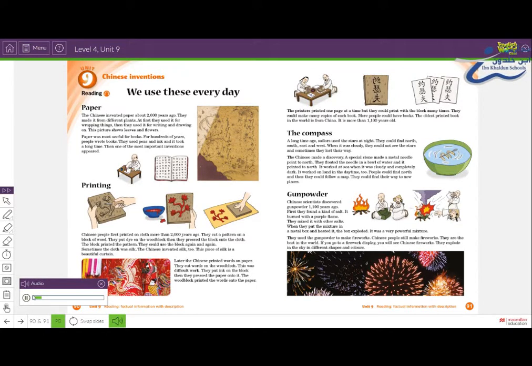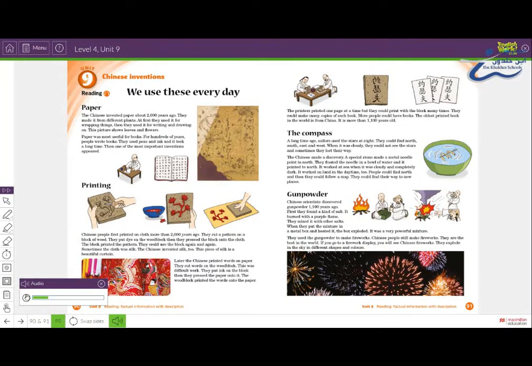This picture shows leaves and flowers. Paper was most useful for books. For hundreds of years, people wrote books. They used pens and ink, and it took a long time.